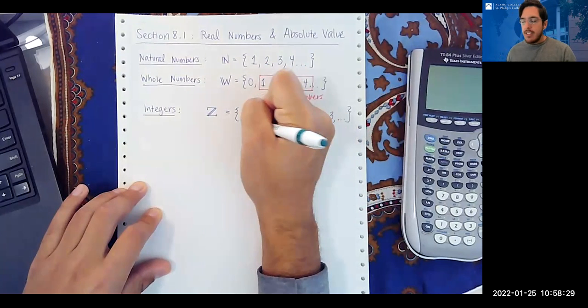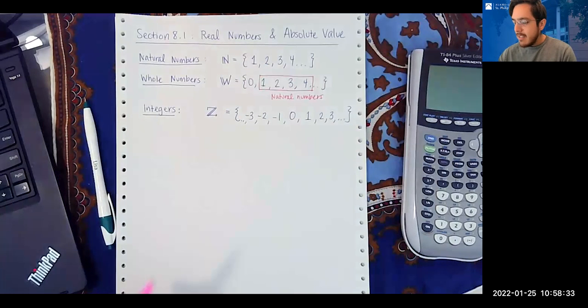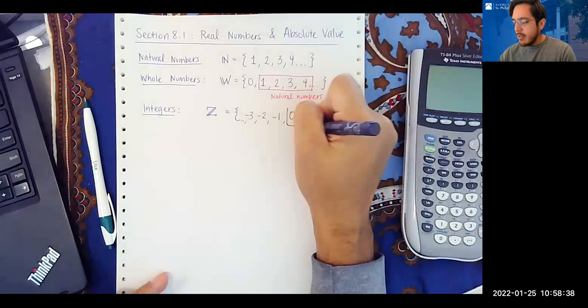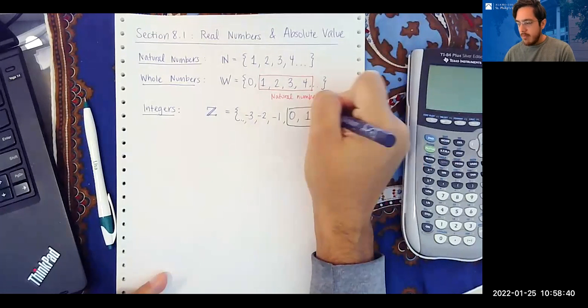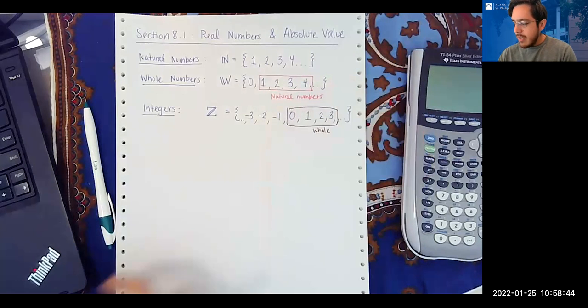So we can say within the integers, we have contained all of the whole numbers. We also have contained all of the natural numbers.